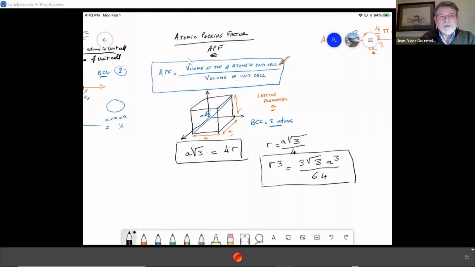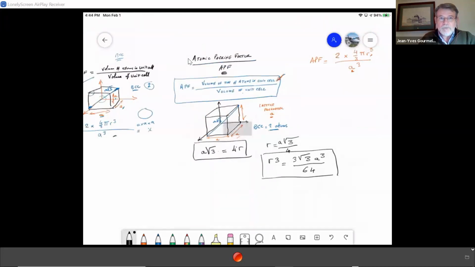So far, so good, I hope. So substituting this, and take good notes because this will help you during the first lab. You're going to be replicating a lot of this, okay? So we have R cubed.